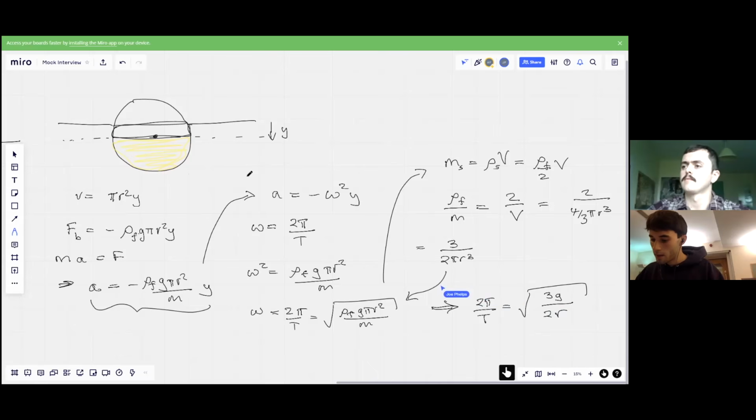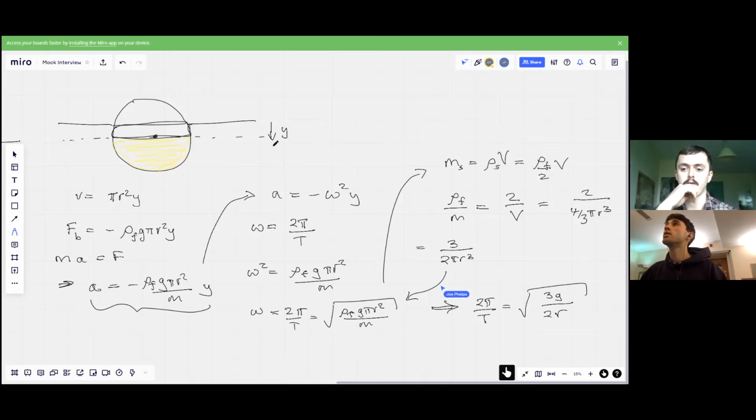Would it maybe be that the sphere is of uniform density? Not quite. I'm thinking more about what's above the sphere.